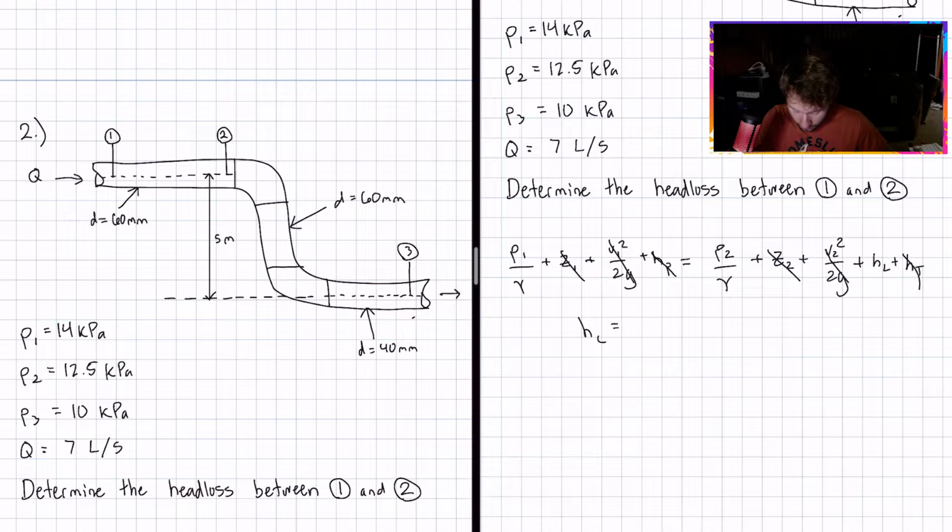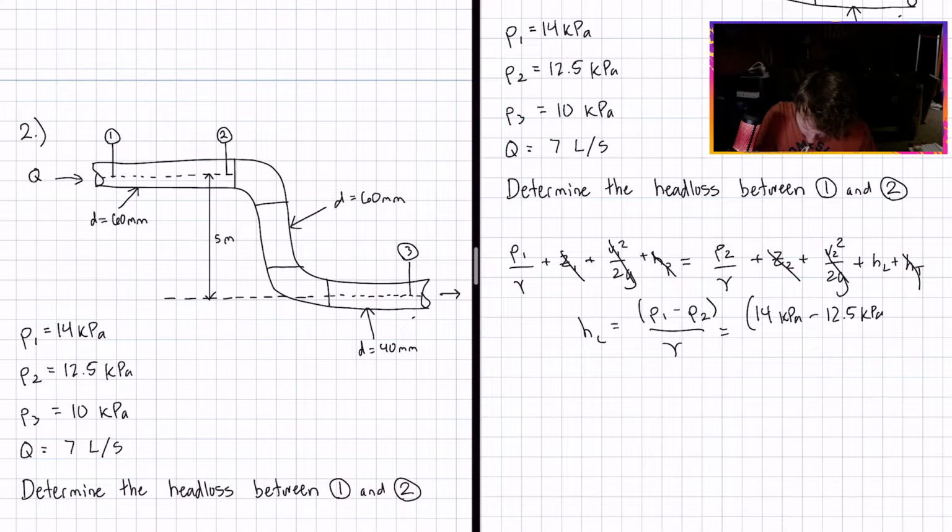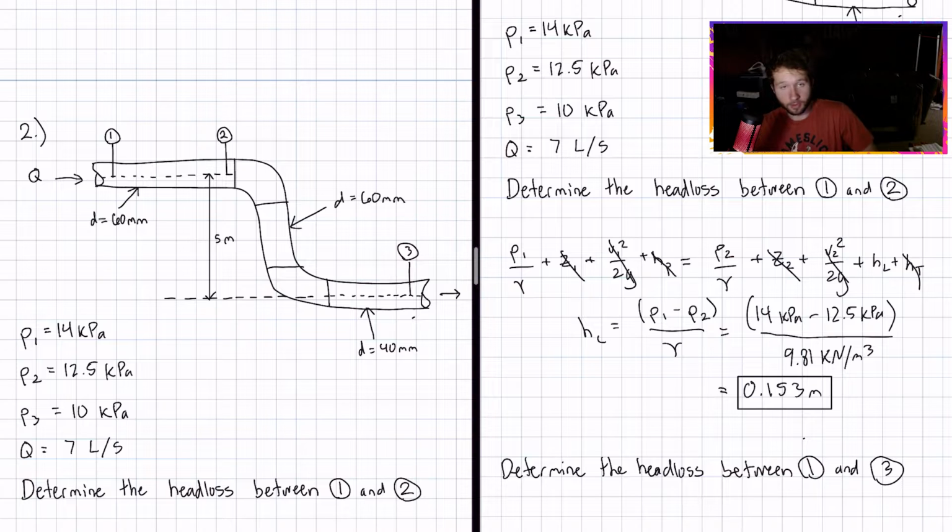So again, head loss equals pressure 1 minus pressure 2 over the specific weight of water. So we have 14 kilopascals minus 12.5 kilopascals over 9.81 kilonewtons per meter cubed, which gives us a head loss of 0.153 meters. Very similar to the last question.